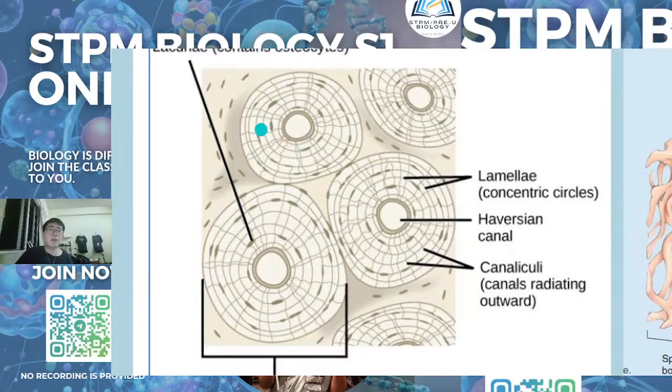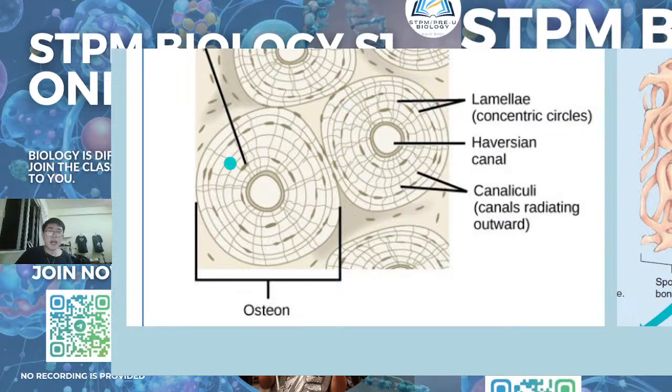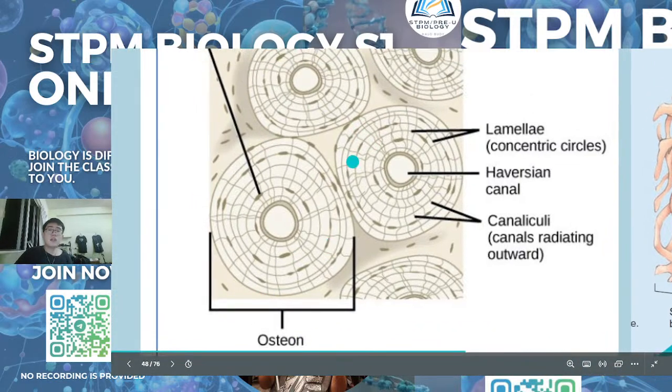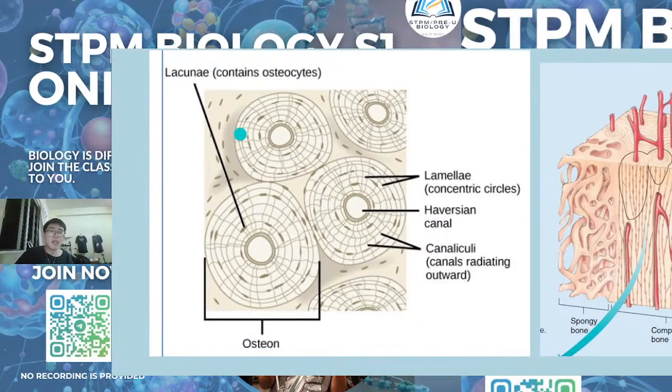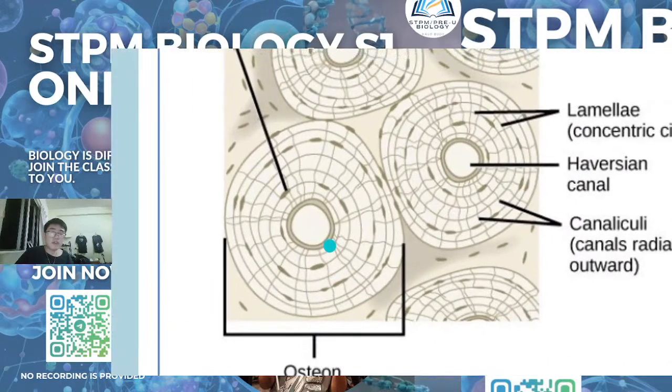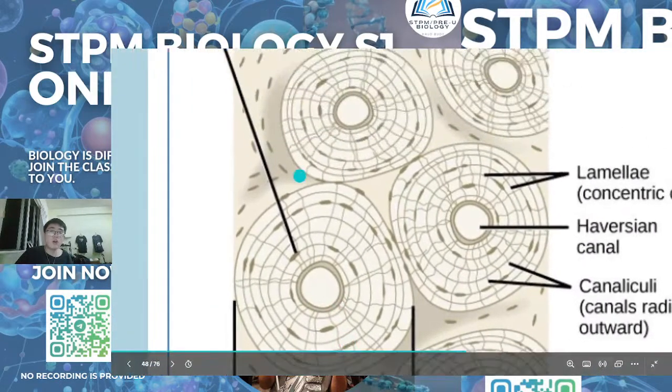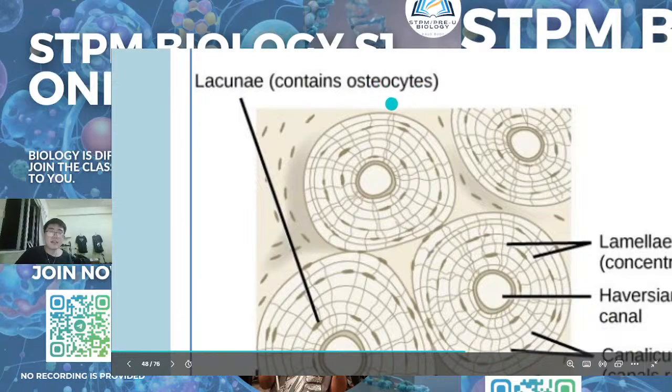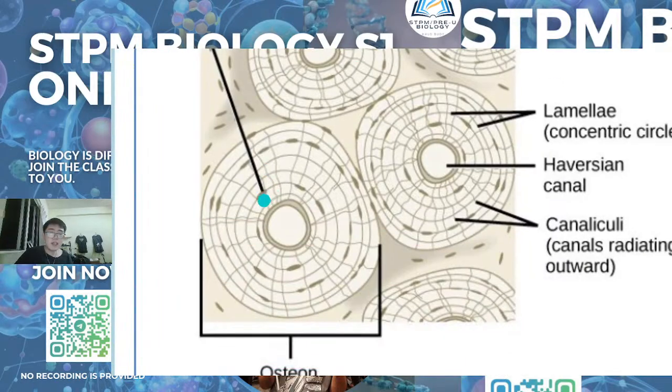So yang ni bulat-bulat ni, this circular structure we call osteal. So actually our bone is made up of many osteal. Osteal is the basic unit lah. And then within the osteal we have the bone cells we call osteocytes.